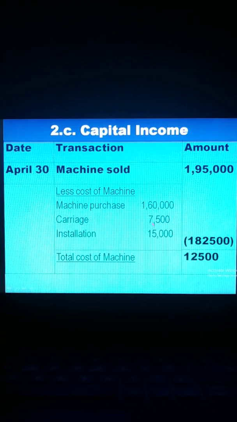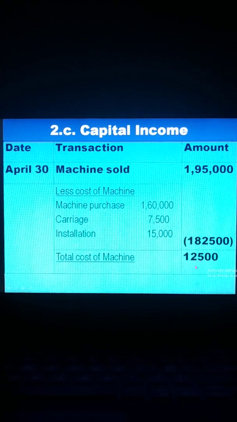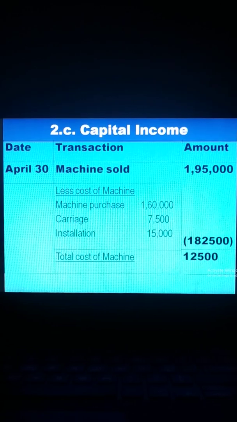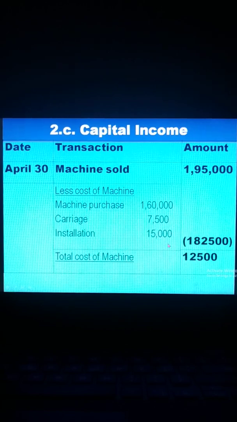So the total cost of that machine is 1,82,500. We sold it for 1,95,000, so the difference is 12,500. This is capital income. The capital receipt is 1,95,000, and the income is the receipt minus expenses. This is the capital income.